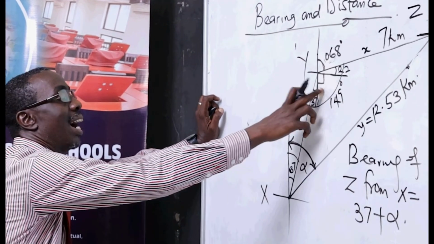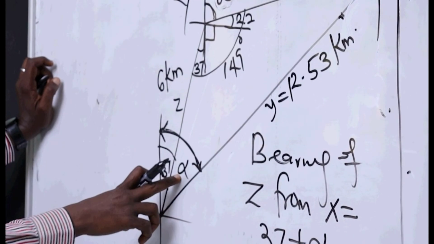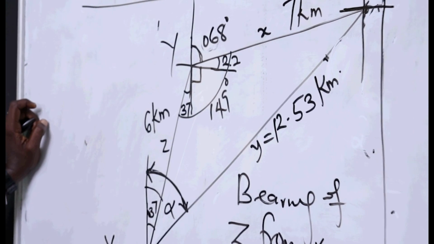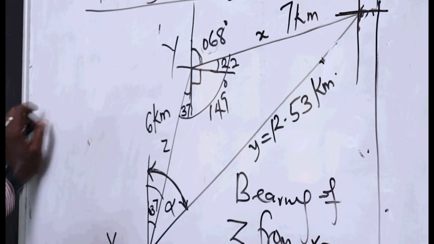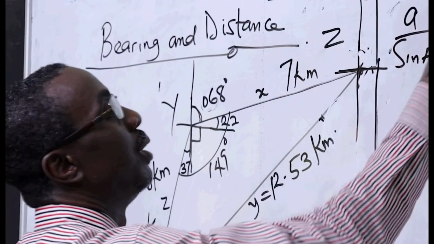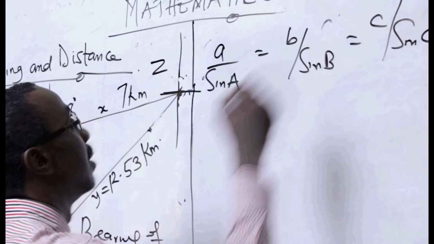That means I have one angle and its corresponding side. I want to find an unknown angle with a known side. That is sine rule. Yes or no? Yes, sir. So using sine rule, which is a over sine A is equal to b over sine B is equal to c over sine C.